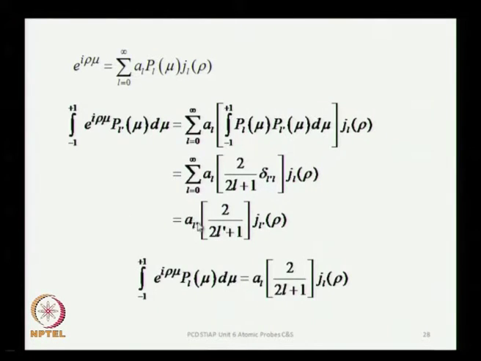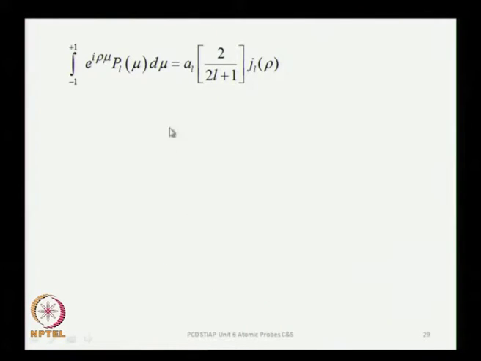So, let us drop the prime because you do not need it anymore. You need the prime only to distinguish it from some other value of L, but that is already taken care of by the Kronecker delta in the orthogonality relation. So, this equation if you solve, you will be able to find what is A_L.